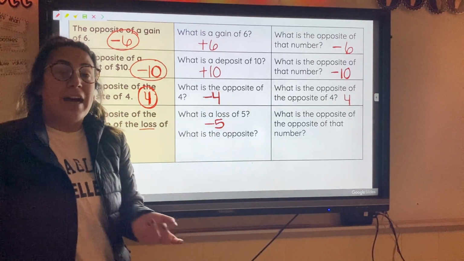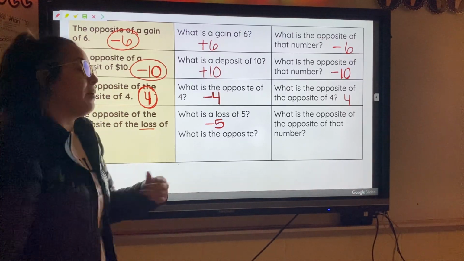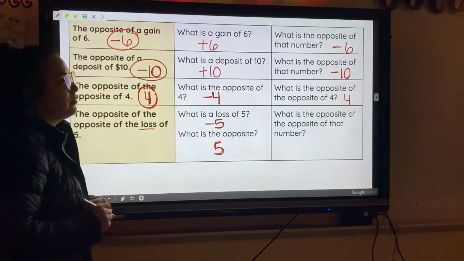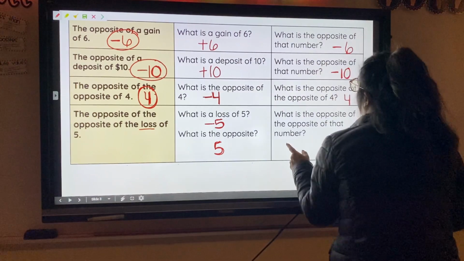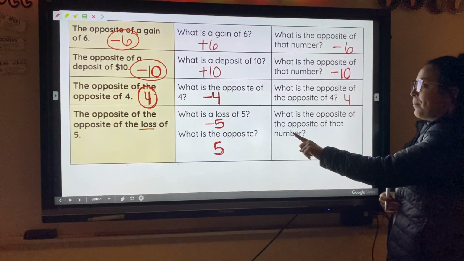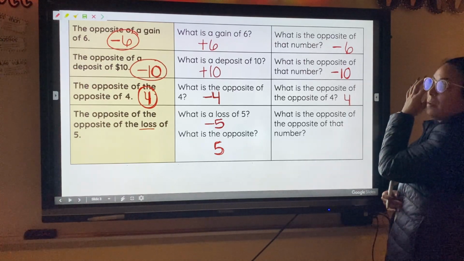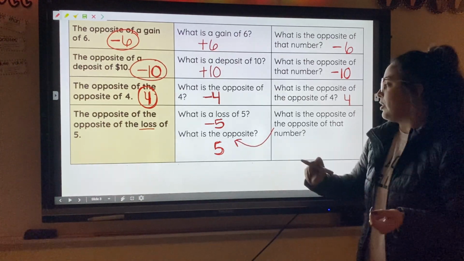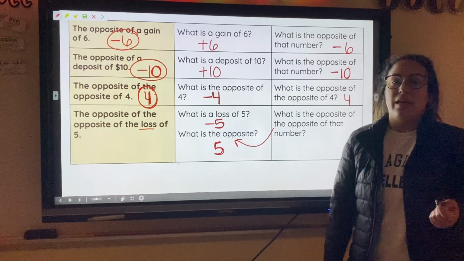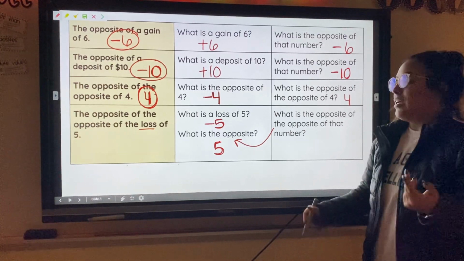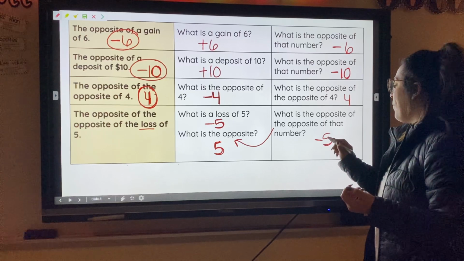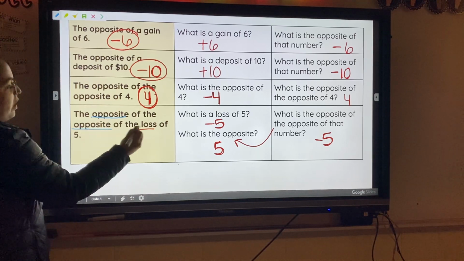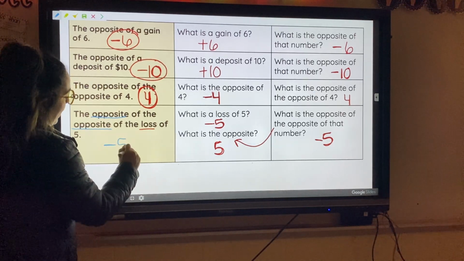If you remember that rule I told you, it is going to be positive 5. So to answer what is the opposite of the loss of 5, we're going to look at this number to answer the question. What is the opposite of positive 5? Negative 5. So that means the opposite of a loss of 5 is just negative 5.